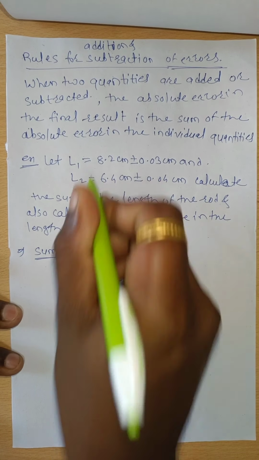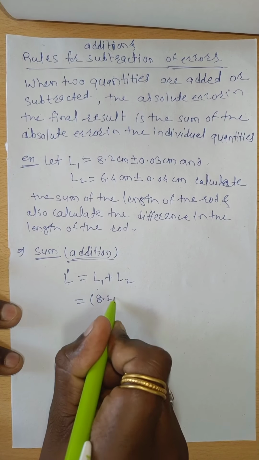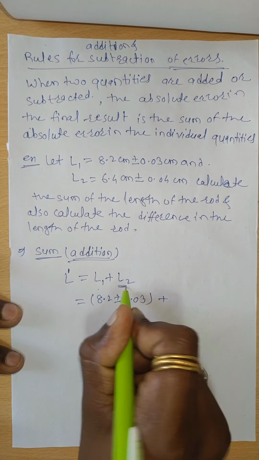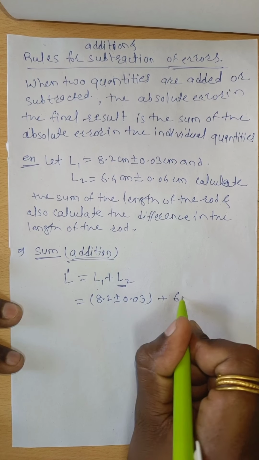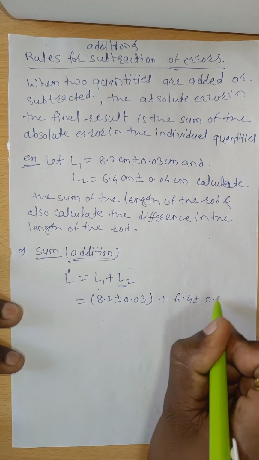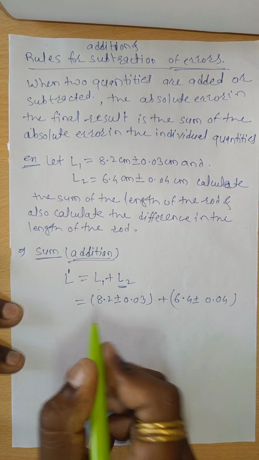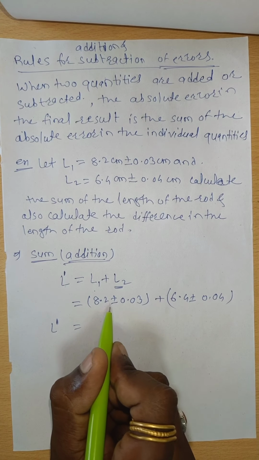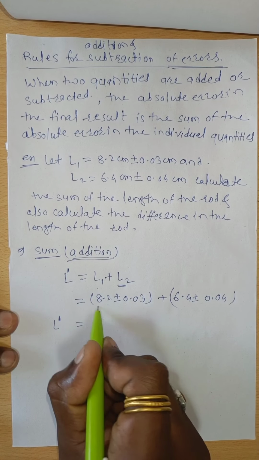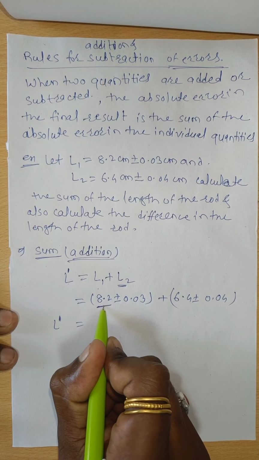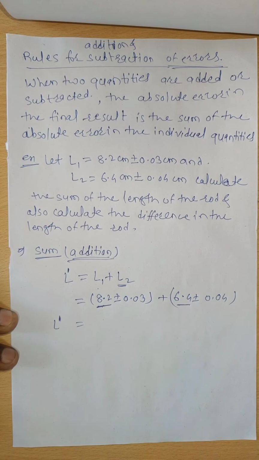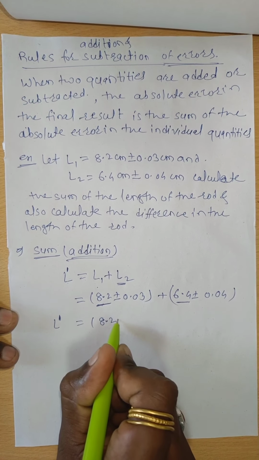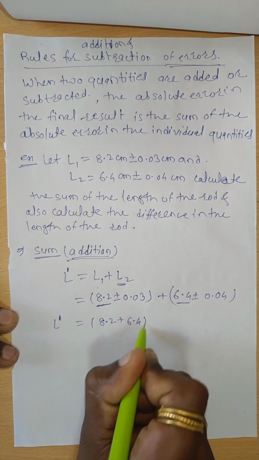That is, L1 is equal to 8.2 plus or minus 0.03, plus L2, which is 6.4 plus or minus 0.04. Now L prime is equal to the sum of their true values, 8.2 plus 6.4.